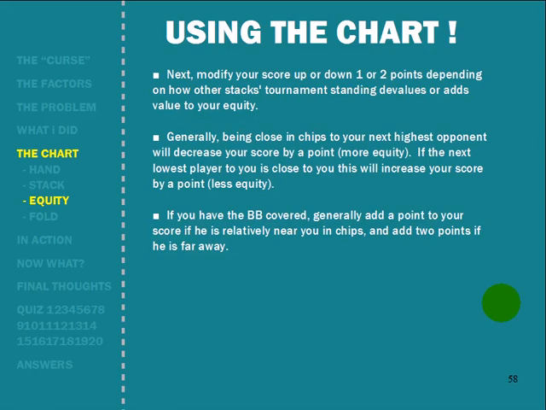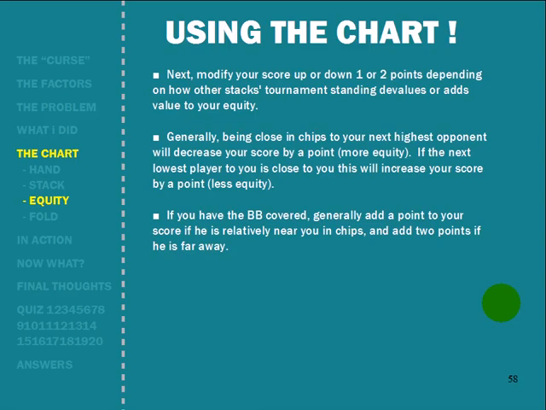Now, if you have the big blind covered, and this is really important, if you happen to have the big blind covered in chips, you want to generally add a point to your score if he's relatively near you in chips, and add 2 points if he is far away from you in chips. And the reason that you do this is, why would it make a difference?